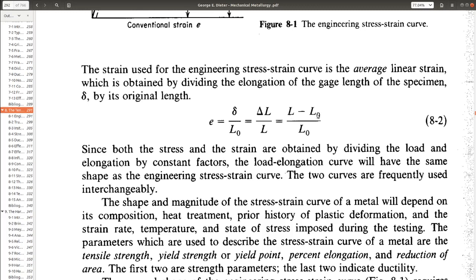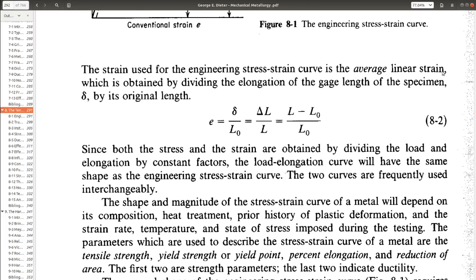So that's the change in length divided by original length. I think this L naught is missing here. Anyway, so that is being called engineering strain. And if you notice, this engineering strain is also an average linear strain.